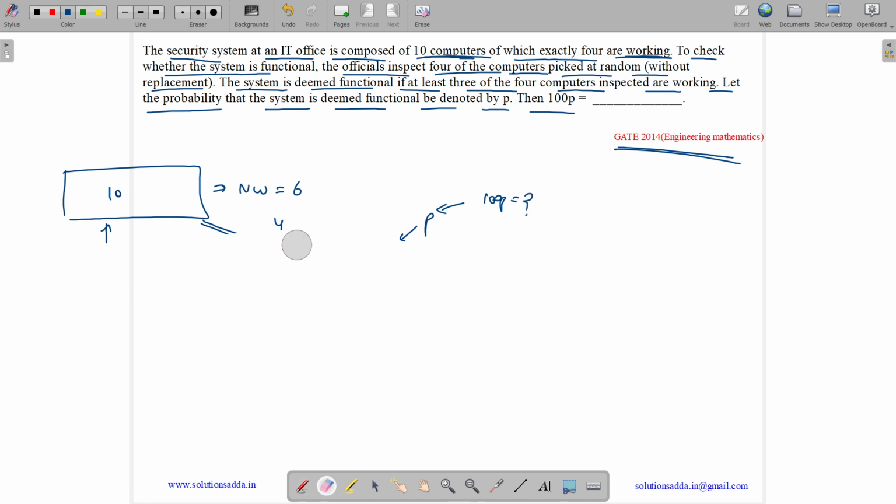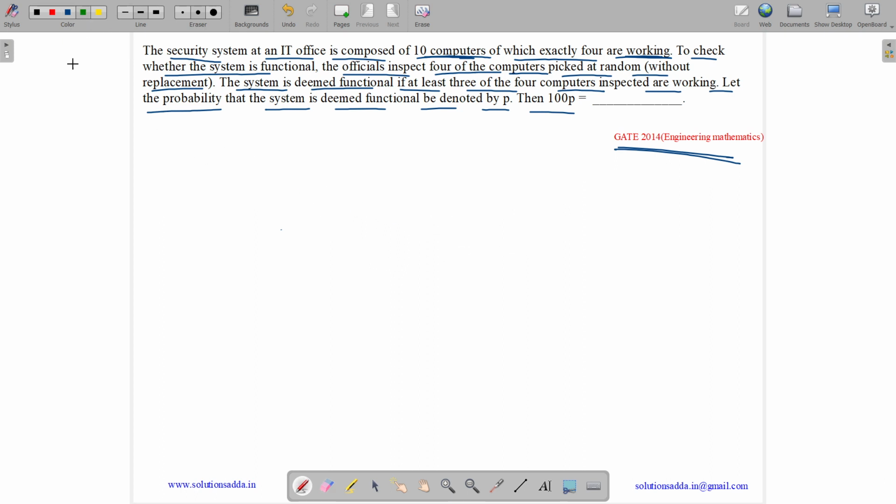Okay, so let us do this. See here, let P denote a working computer probability. P of working computer. So how many working computers do we have?